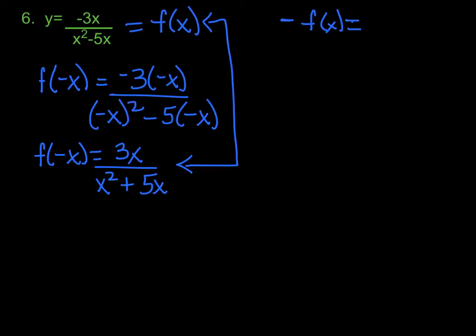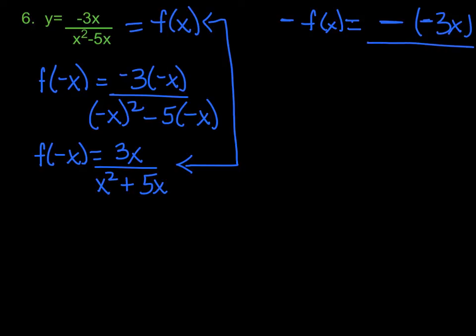So when you're going to be negating a fraction, you have to pick either the numerator or the denominator, it doesn't matter by the way, and negate one of them. So I'm going to start by taking the numerator, and I'm going to negate that. So basically all I'm going to do is negative of negative 3x, okay?